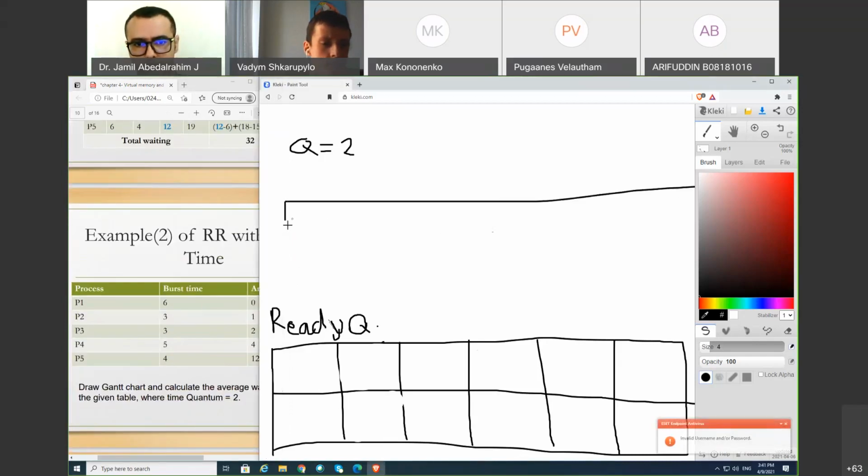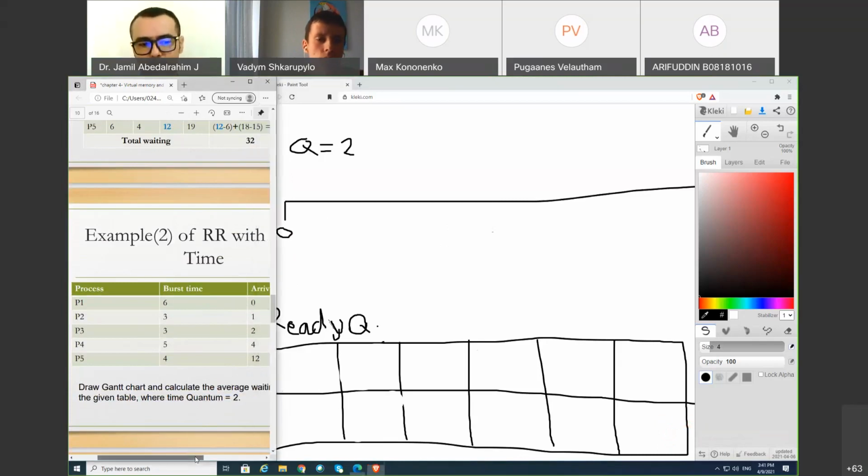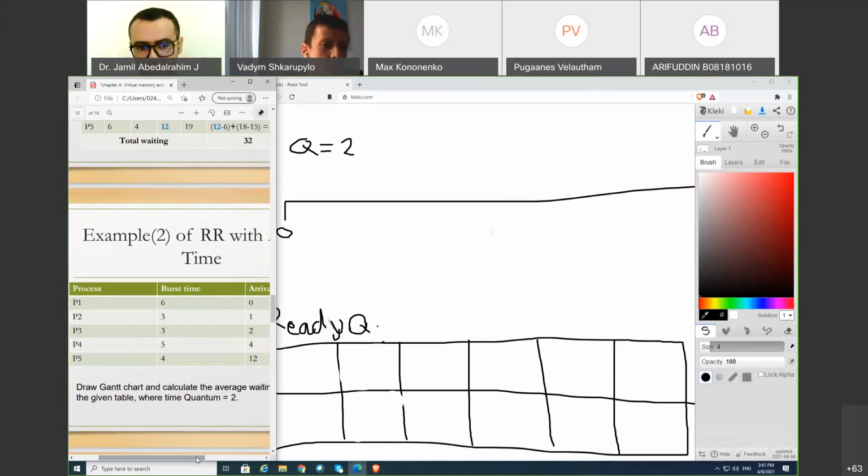We start from 0. So what do you think, Max? What's your name? Max. Okay, Max, what do you think here? The first step, we take a look at which process arrived first, correct? The first process is P1.